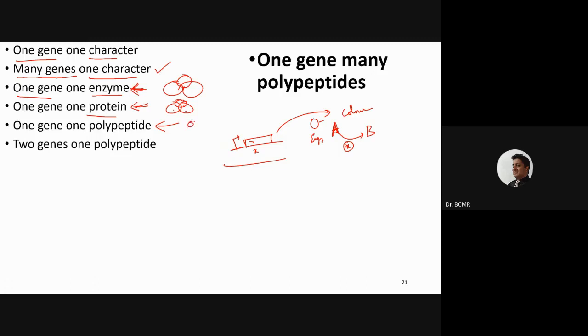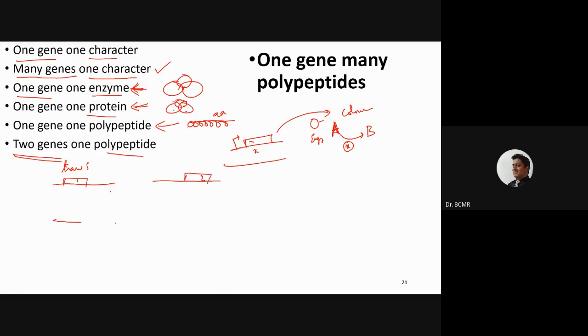The difference is that when you say polypeptide, it is a continuous stretch of amino acids, right? And as we saw in the previous slide, in splicing, two genes can give rise to one polypeptide, because one gene gives rise to one mRNA with exon 1, and another gene gives rise to another with exon 2.